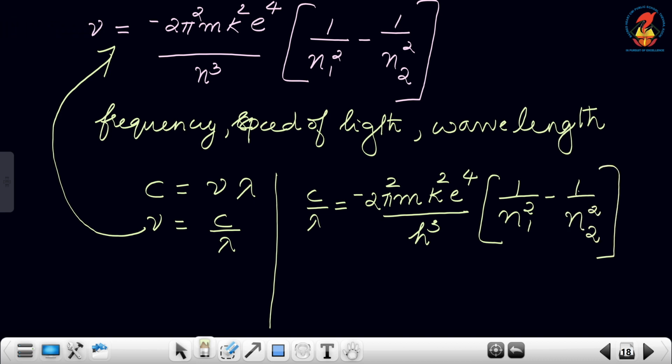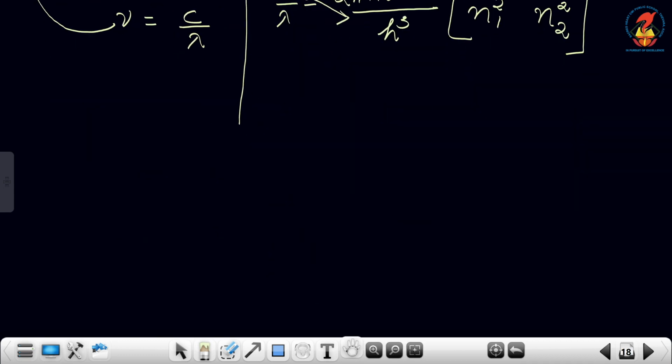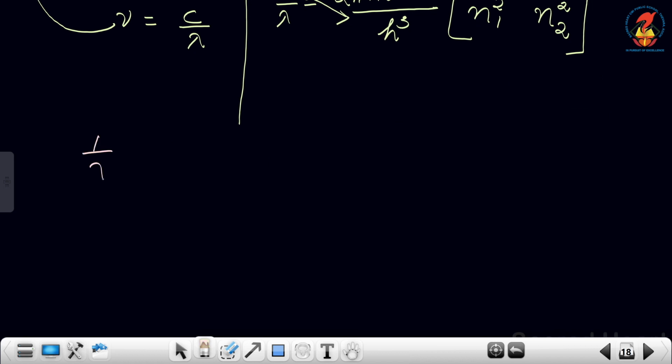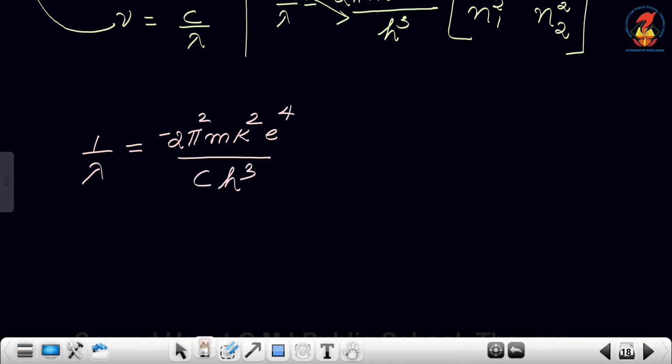Bringing C to the denominator, we get 1 by lambda equal to 2 pi square m k square e raised to 4 divided by c h cube into 1 by n1 square minus 1 by n2 square.